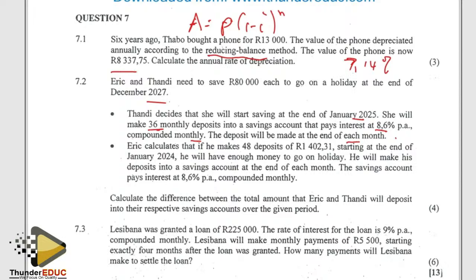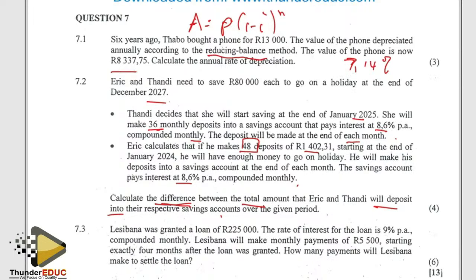Deposits will be made at the end of each month. Eric calculates that if he makes 48 deposits of this much, starting the end of January, he will have enough money for the holiday. Same rate, compounded monthly. Calculate the difference between the total that Eric and Tandy will deposit in their respective accounts.